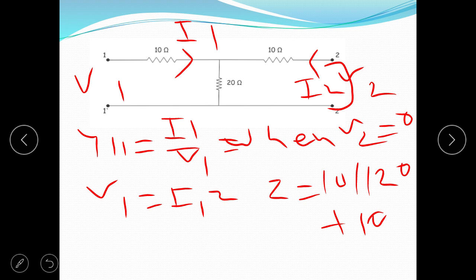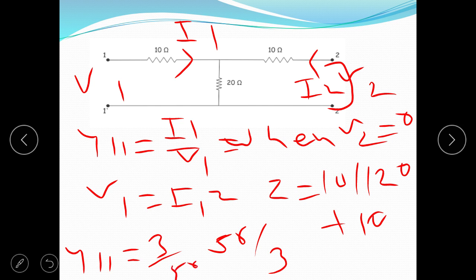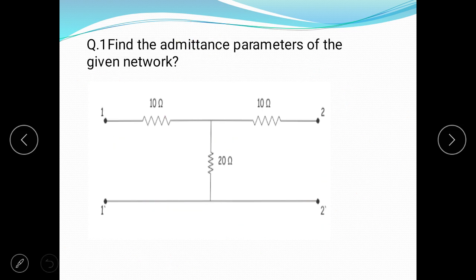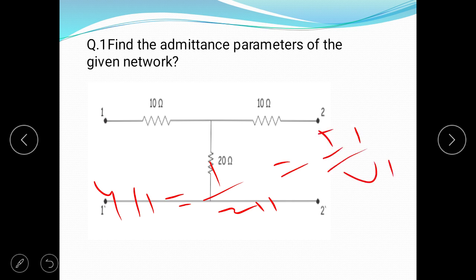Its value is 50 divided by 3. So Y11 is equal to 1 upon Z, that is equal to 3 upon 50, and its unit is mho. Simply, the value of Y11 is equal to 1 upon Z11, or I1 upon V1, that is equal to 3 upon 50. This is the value of Y11.